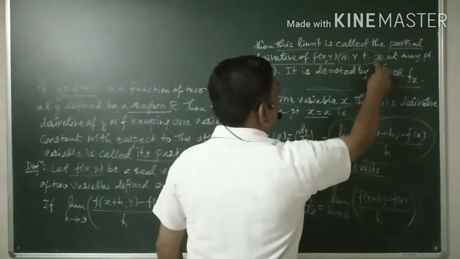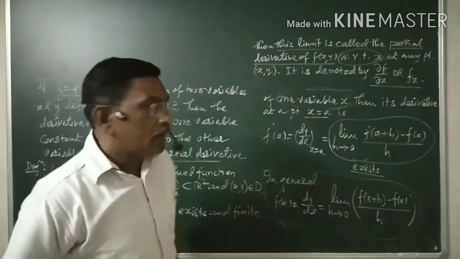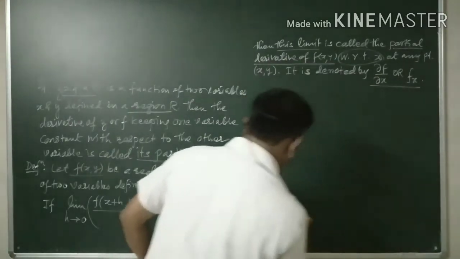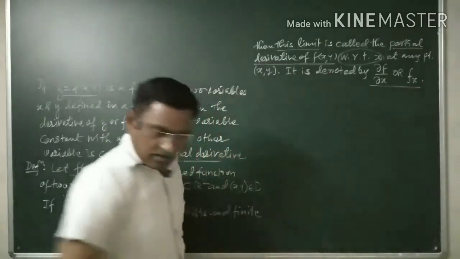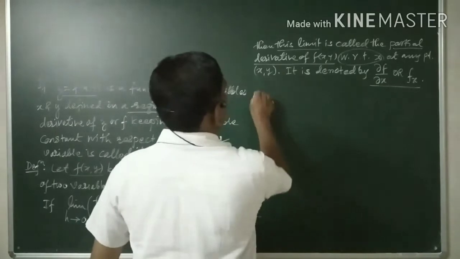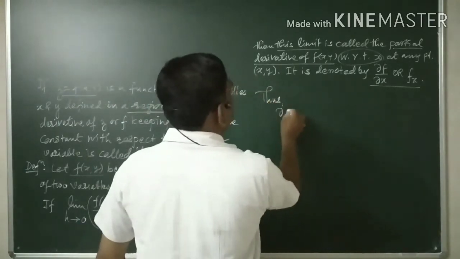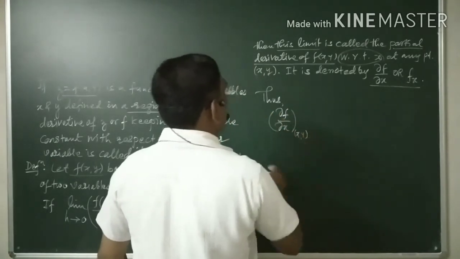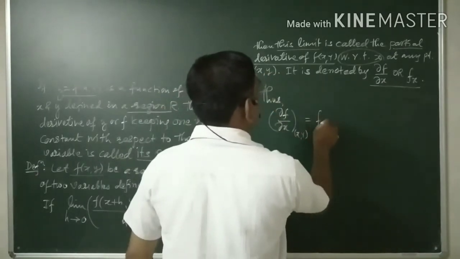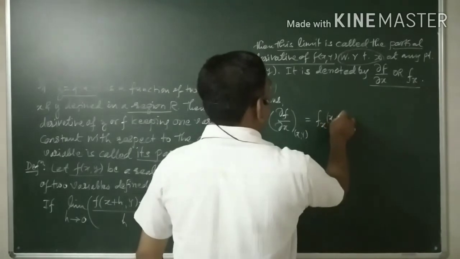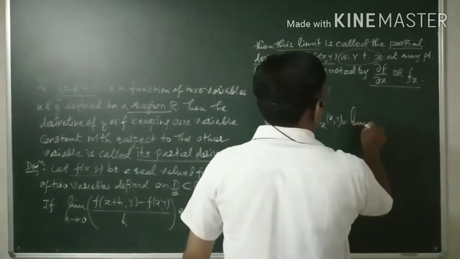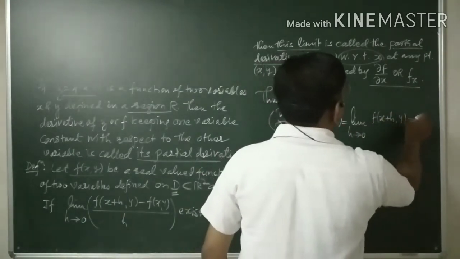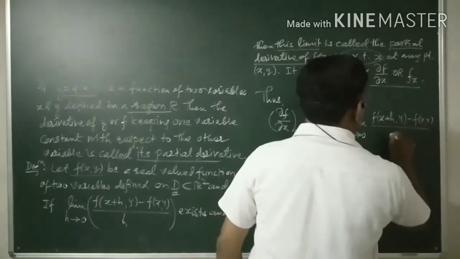It is denoted by delta f by delta x or f x, and hence we have the definition of the partial derivative of a function of two variables with respect to the first variable x. Delta f by delta x at any point x y is equal to f x at point x y, which is the limit as h tends to 0 of f of x plus h comma y minus f of x comma y divided by h.